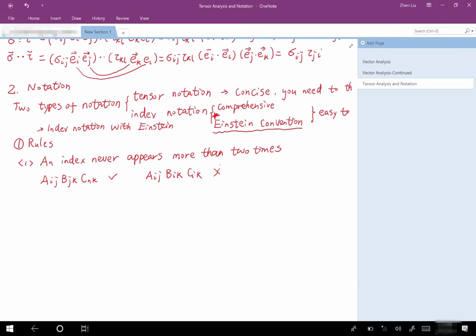And if an index appears once, this index is called a free index.